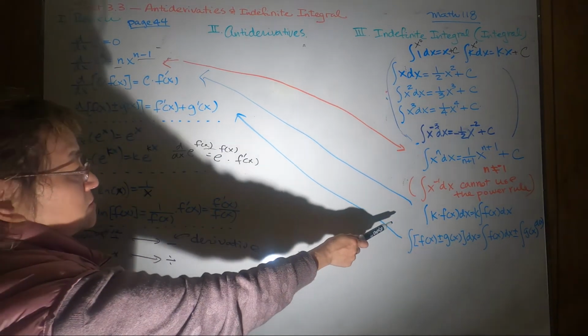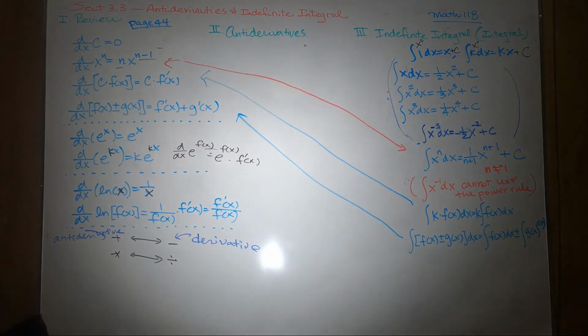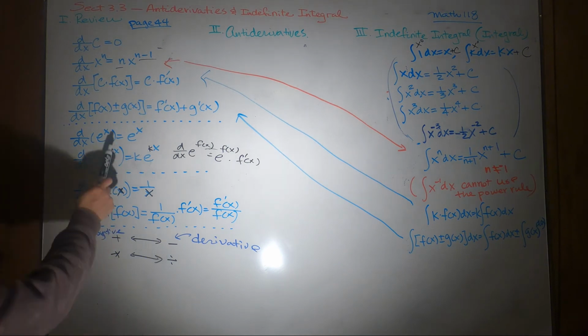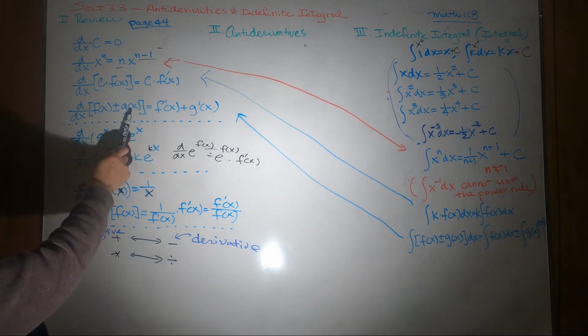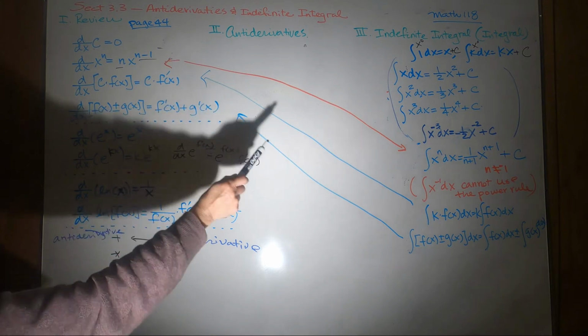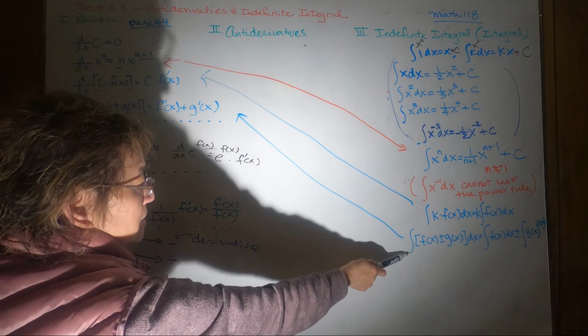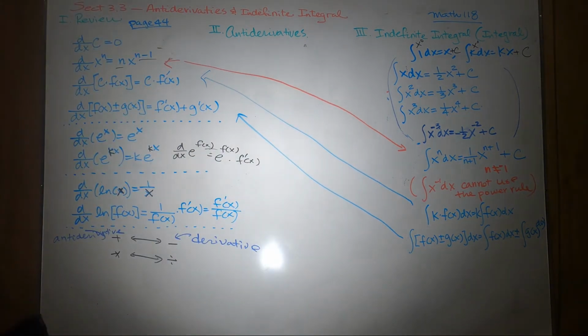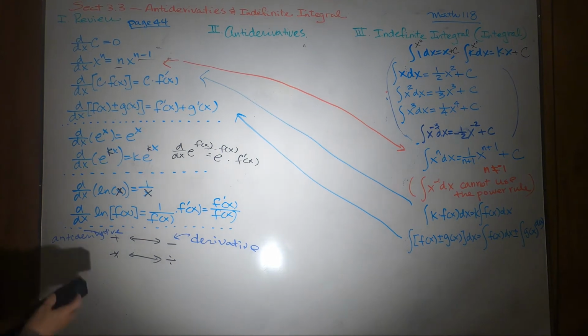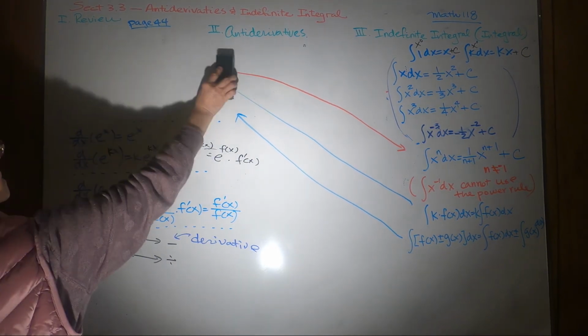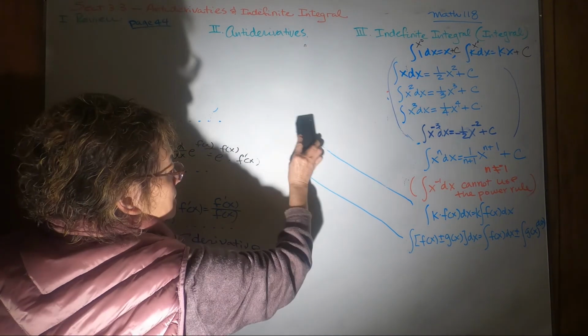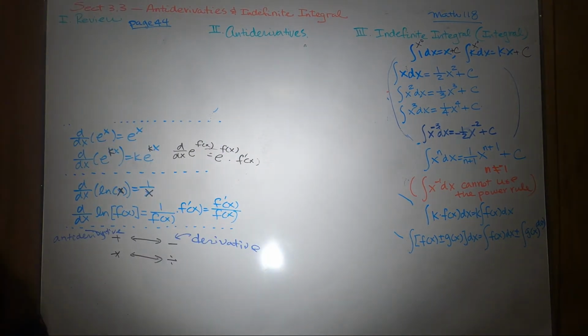Then we have the constant multiple rule, similar to antiderivatives. Then we have the sum and difference rule for the derivative. Same thing, we have the sum and difference rule for the antiderivatives. Okay?